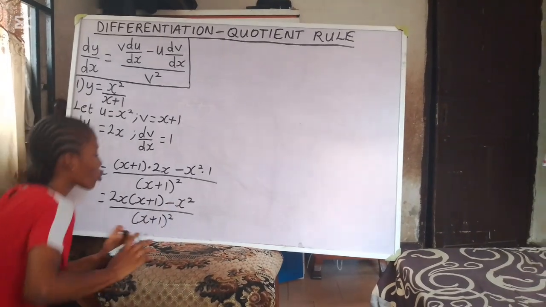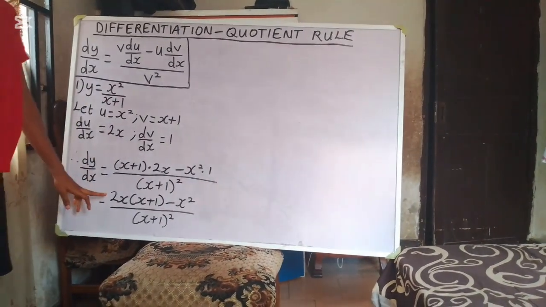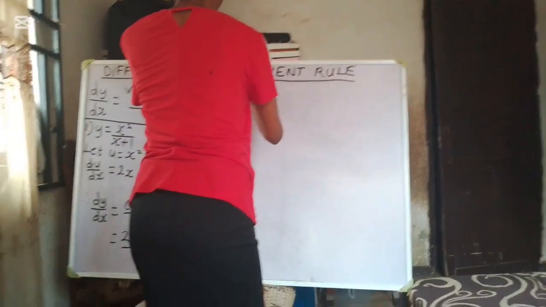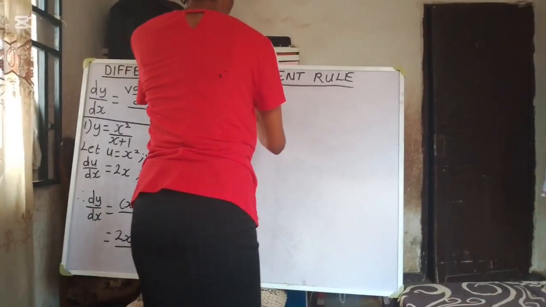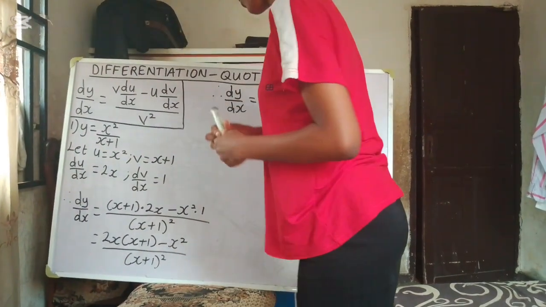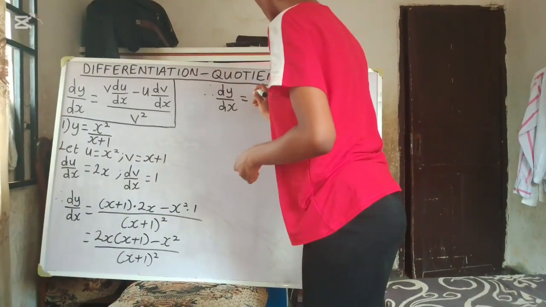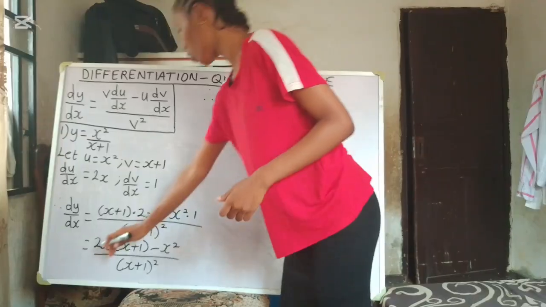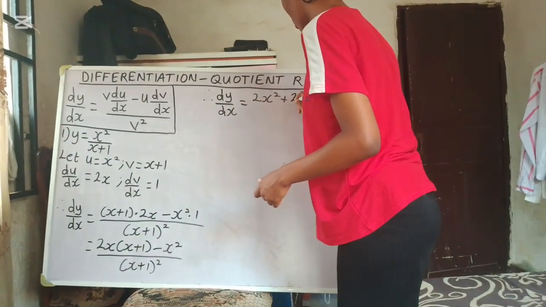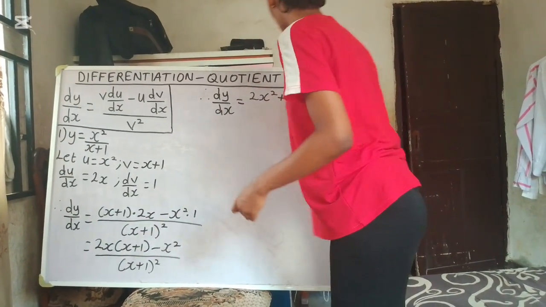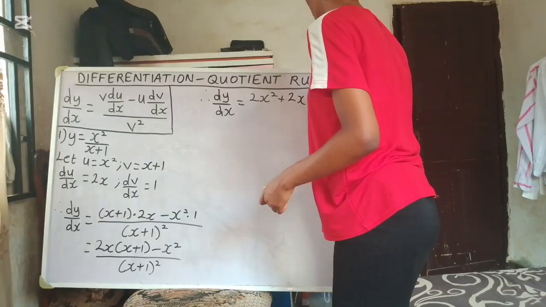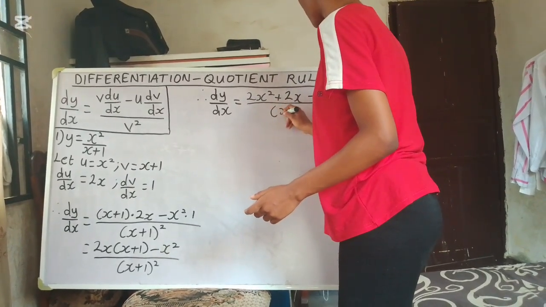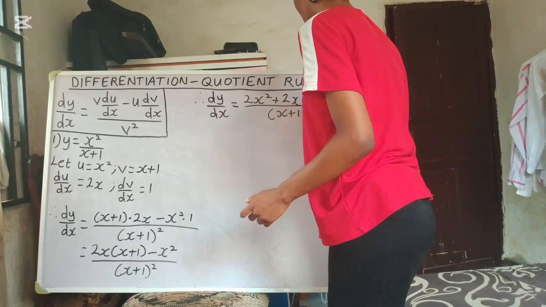Now I'm just going to be expanding the numerator. So our dy by dx is equal to 2x multiplying x gives us 2x squared, plus 2x multiplying 1, 2x, then minus this x squared, all over, leaving the denominator the way it is, x plus 1 all squared.